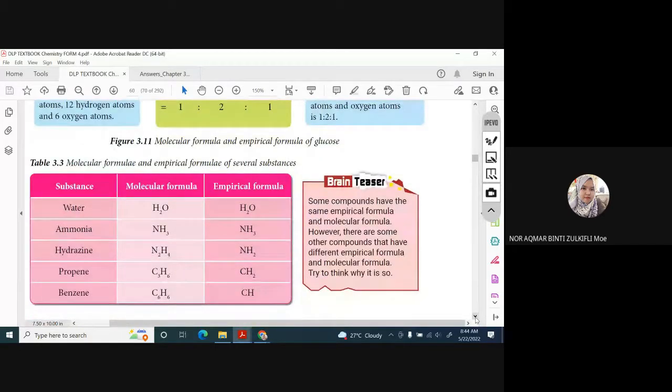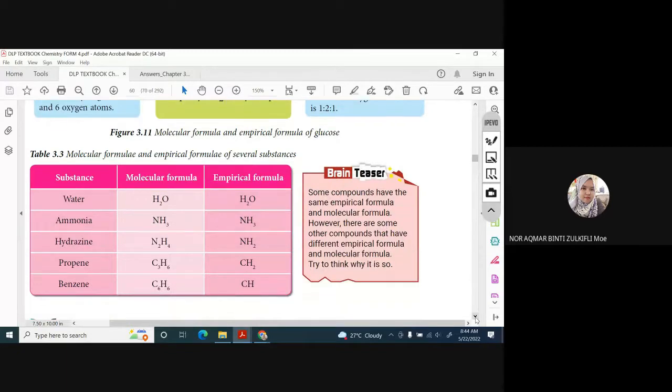Ini semua ada contoh. Okay, kalau water, tengok kenapa dia tak berubah, not change, because they already simplest ratio already. H2O simplest already. Dia tak boleh simple lagi dah. Ammonia pun sama. The simplest ratio already.